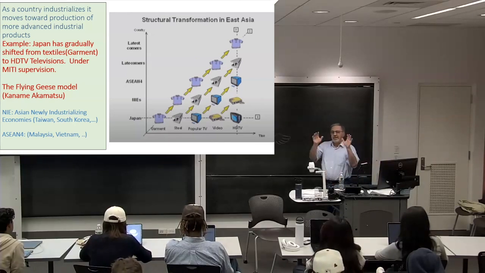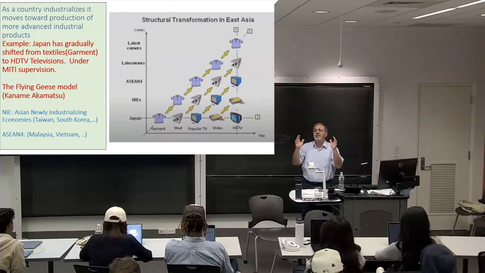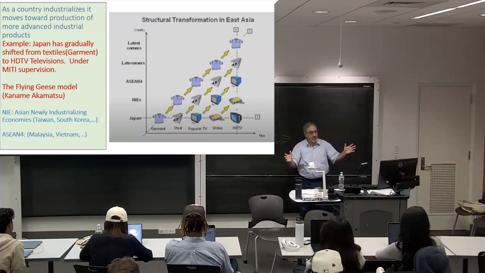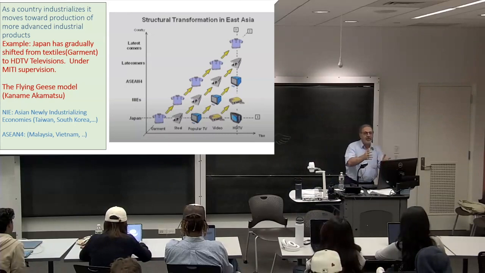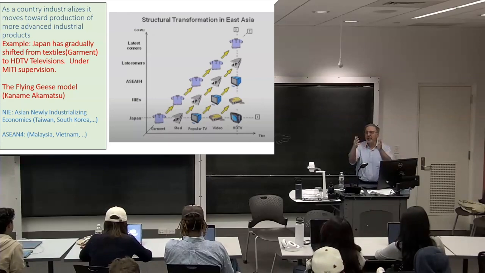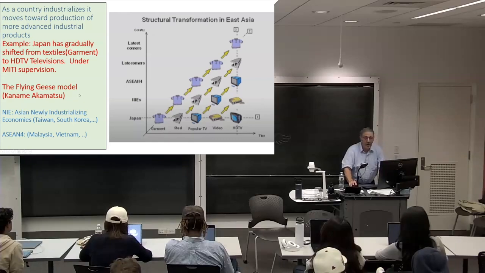So there is a specialization in the supply chain of the global production. And countries, as they become more advanced, as the level of wages increases, move into new industries. This is called the flying geese model of economic development.